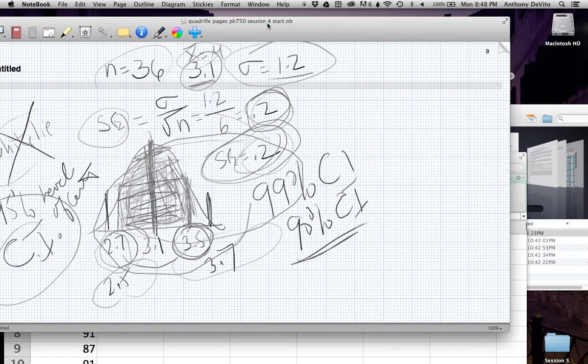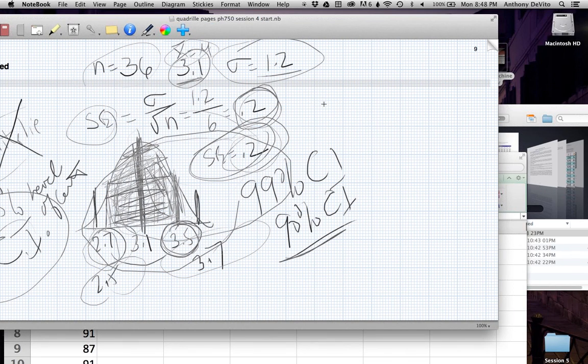Well, we have a problem there. What I've really been doing is saying that I'm 95% sure that it's between these two numbers. How did I find those two numbers? I said X bar, the mean, minus 2 times the standard error, and X bar plus 2 times the standard error, to get that 95% confidence interval.